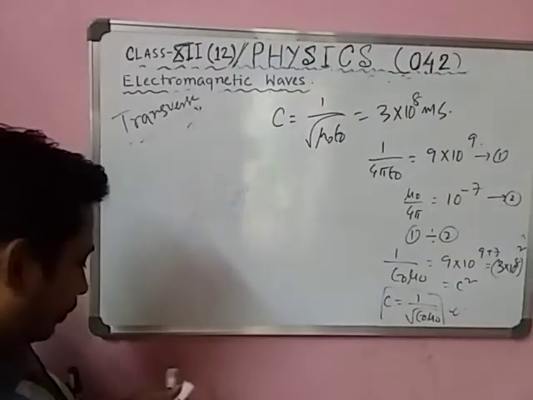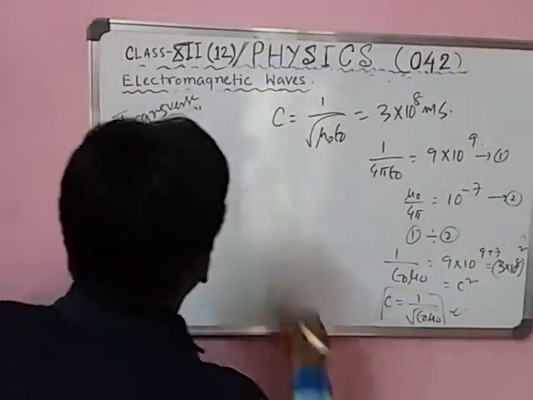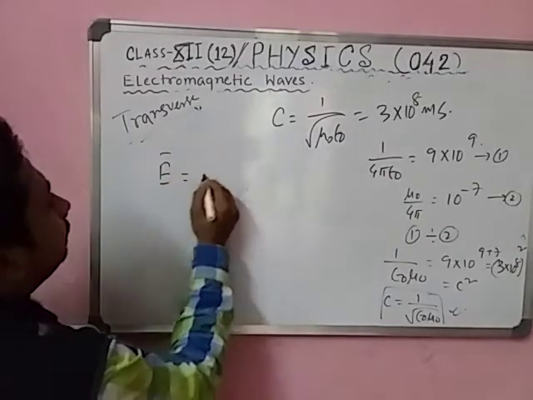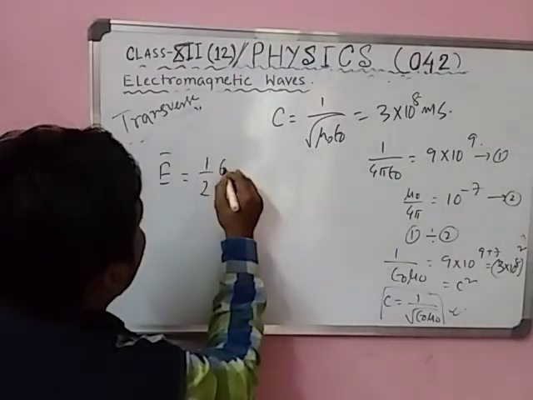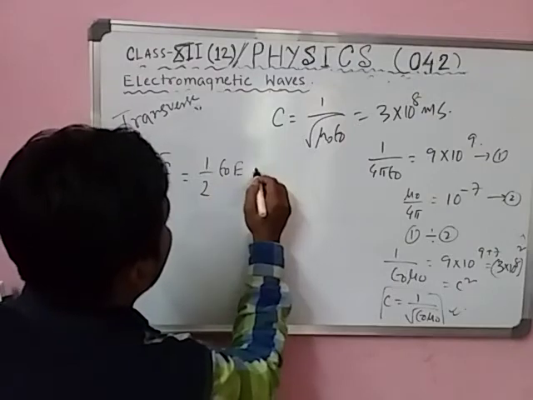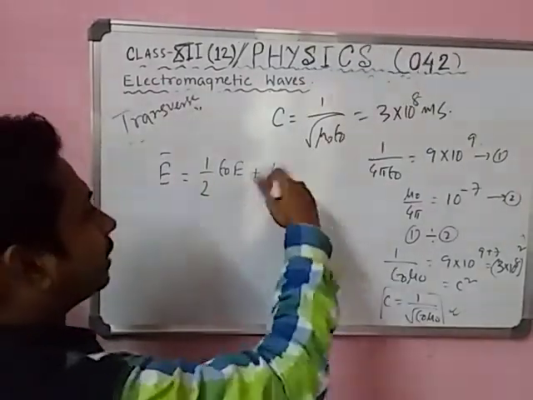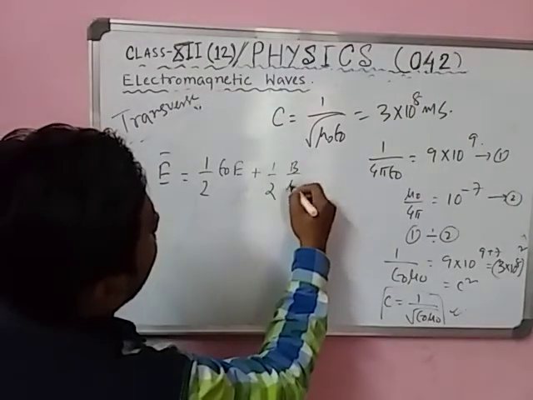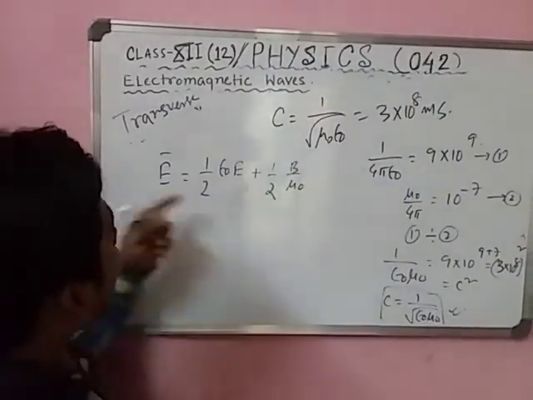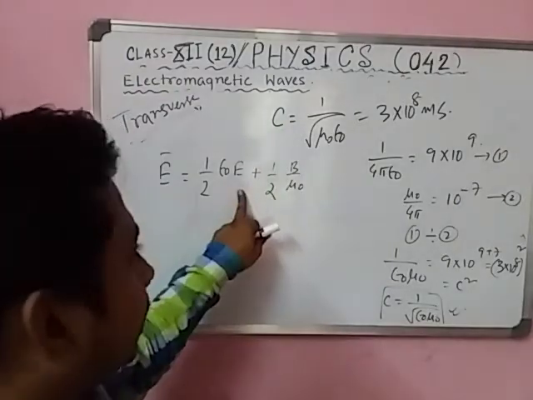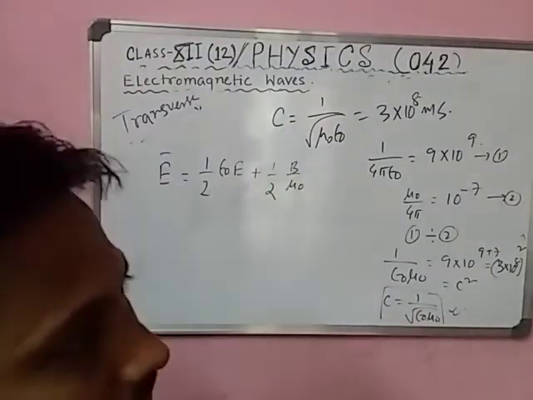Number 5th point, see, note down. The average energy density is equal to 1 by 2 mu 0 epsilon 0 E square plus 1 by 2, if you introduce the magnetic field, B square by mu 0. This is for the RMS value.